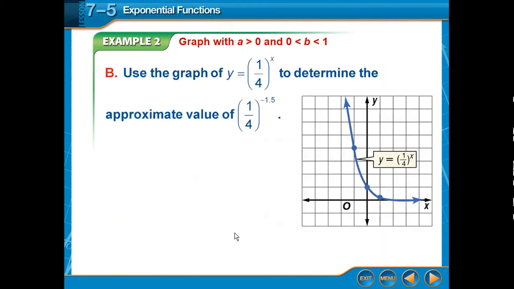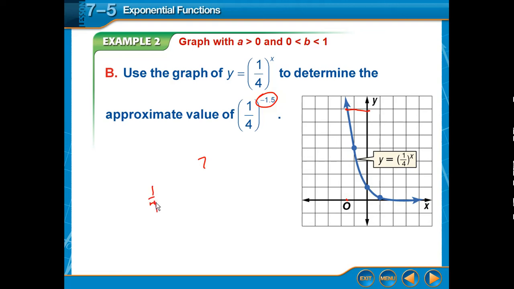And if I want to use this to determine the value of 1/4 to the negative 1.5, I'm going to go to negative 1.5 as my x on my x-axis. That's going to be about here. And I want to go up and see what the y value is there. So that looks about there. And if I go over, 1, 2, 3, 4, 5, 6, 7. I get about 7. So we just want to plug it in and see if we're close.